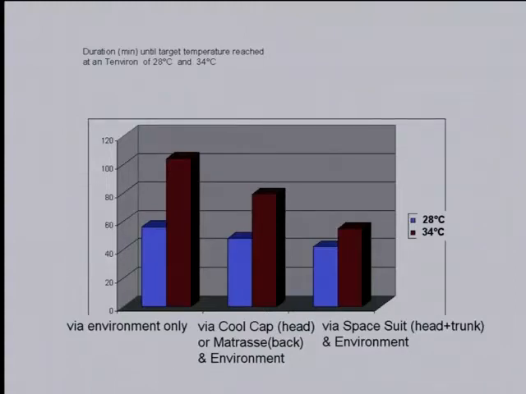In a 28 and 34 centigrade environment, when you use only the environment, that means no heating device, just an environment which has 28 or 34 centigrade, it takes, as you can see, in a warm environment 106 minutes, otherwise less than an hour if it's 28.